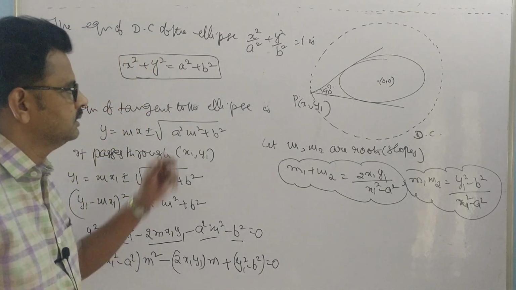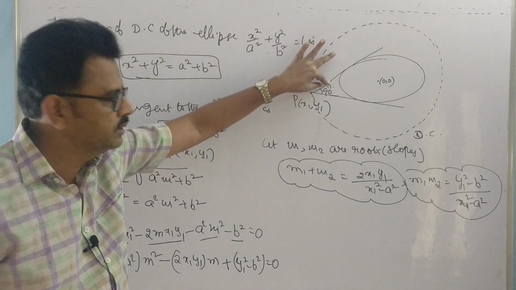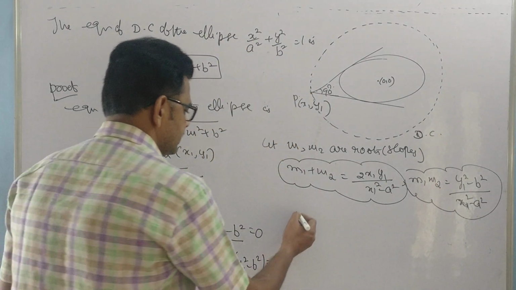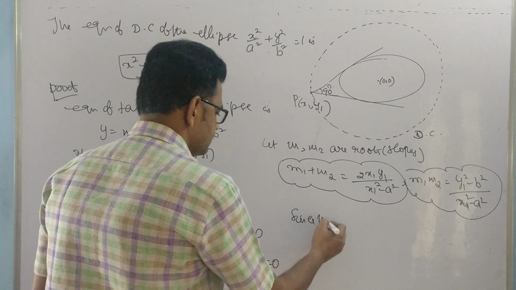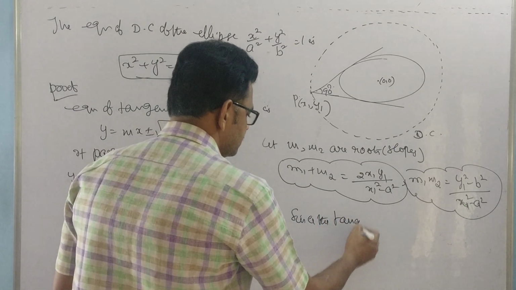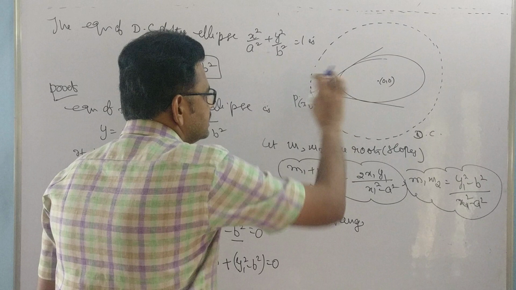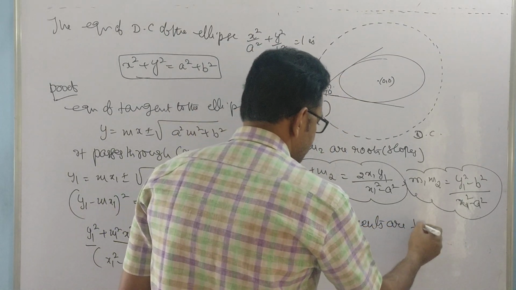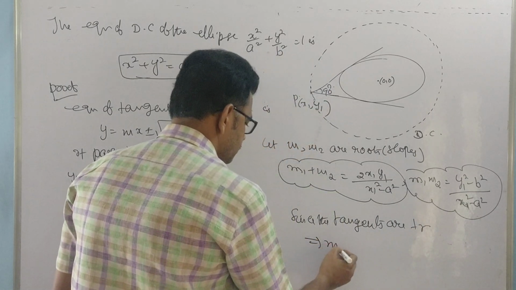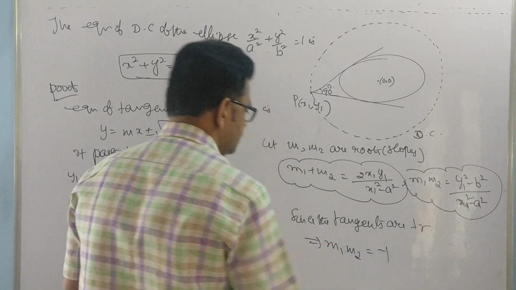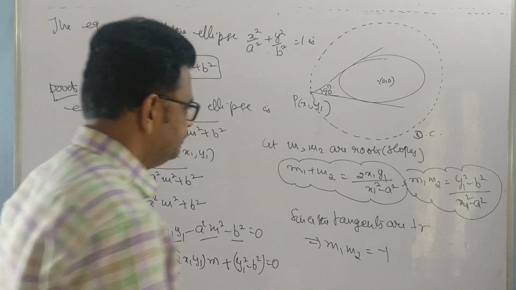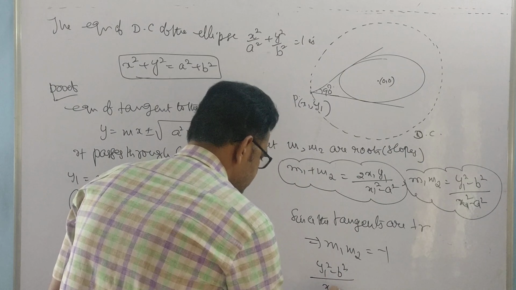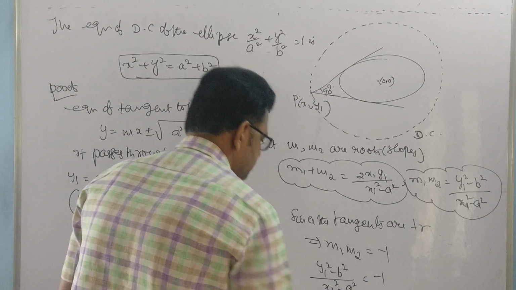Now, since the tangents are perpendicular, the product of slopes equals minus 1. Director circle means the tangents are perpendicular. Tangents are perpendicular implies m1 m2 is equal to minus 1, so y1 square minus b square by x1 square minus a square equal to minus 1.